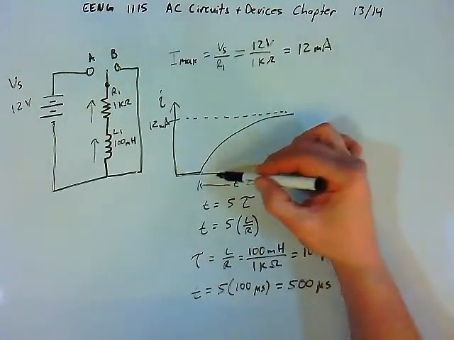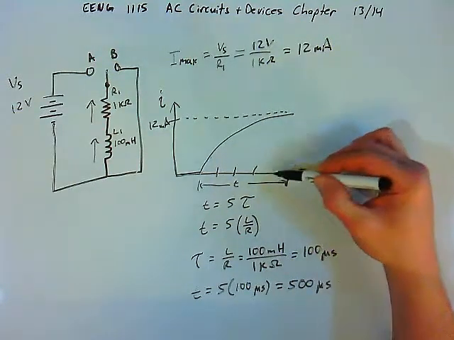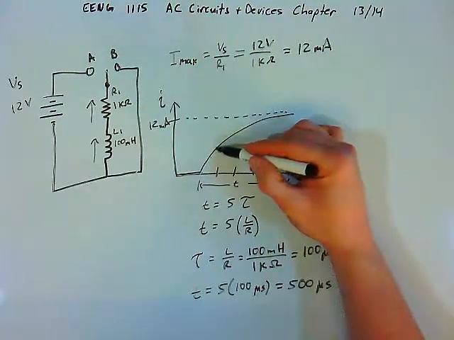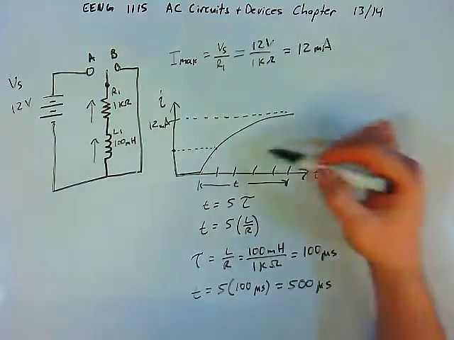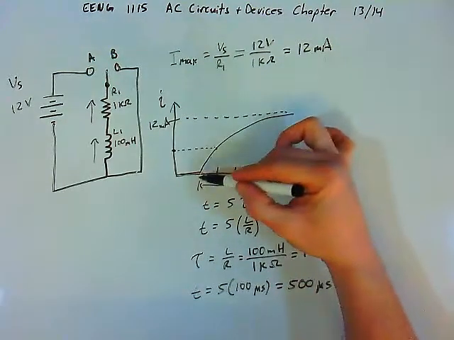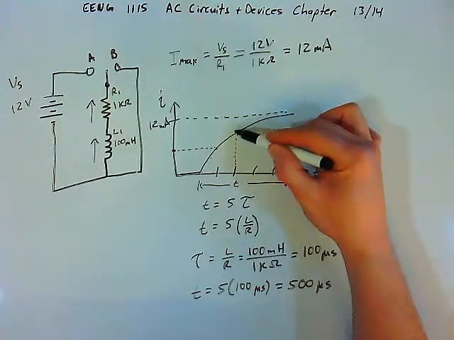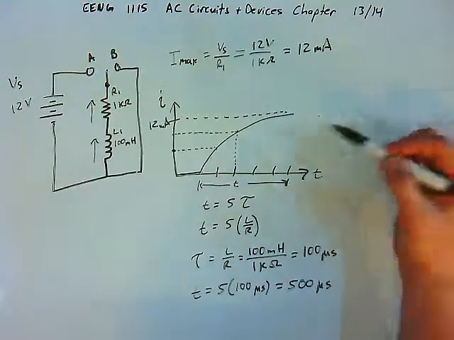And so if we were to look at this curve, roughly, after one time constant, we have some value of current, not 12 milliamps. After 200 microseconds, right, from 0 to here is 200 microseconds, the amount of current in the circuit will rise even more, still not quite to 12 milliamps though.